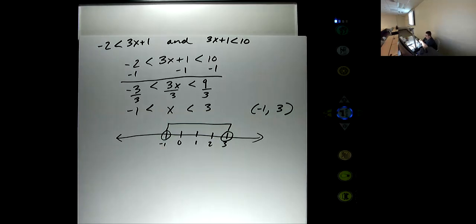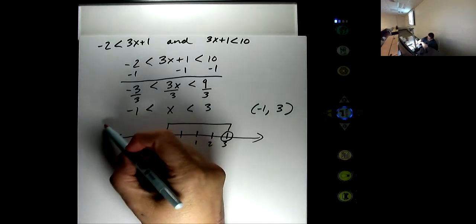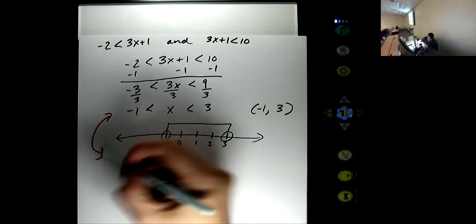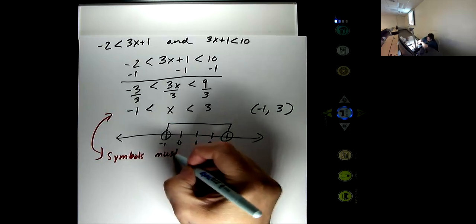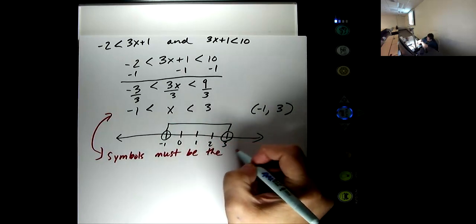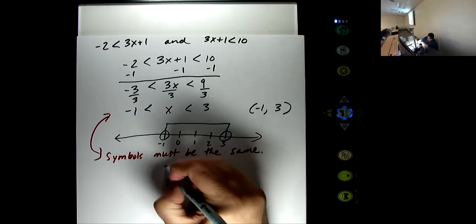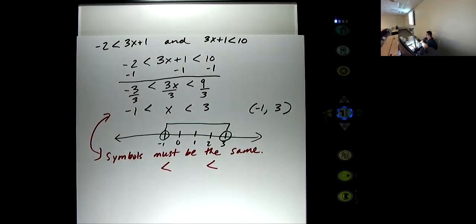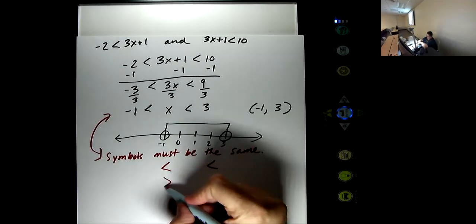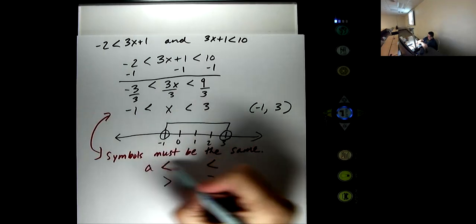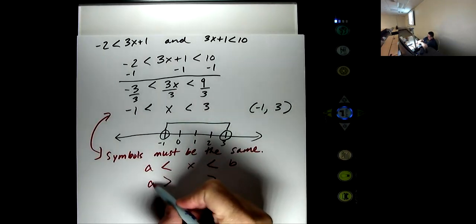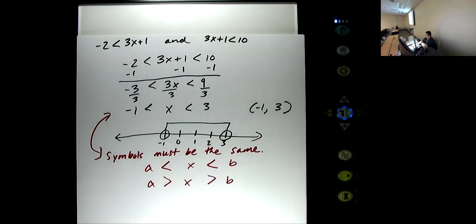It's vitally important when you have this "and" scenario that the symbols must be the same. Less than for both of them is ideal, but you can always do greater than and greater than. We can have A is less than x is less than B, or we can have A is greater than x is greater than B, but the symbols gotta be pointed in the same direction.